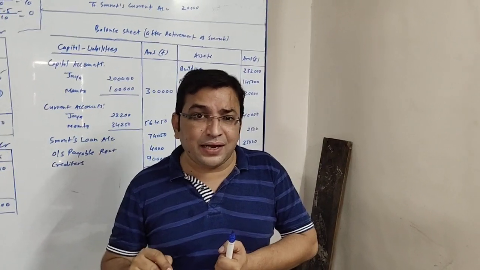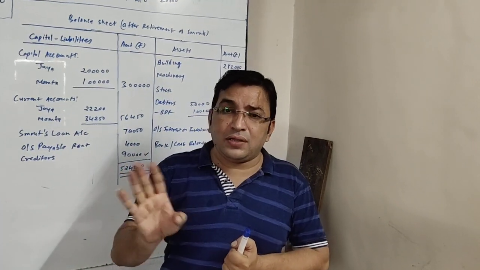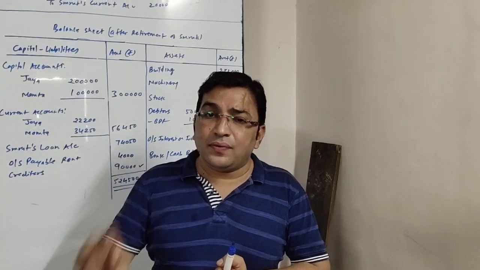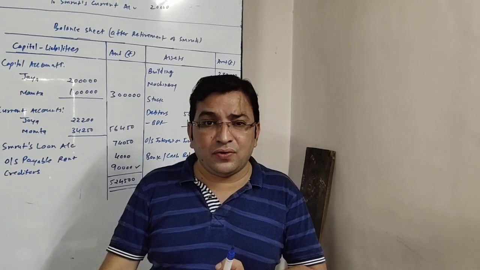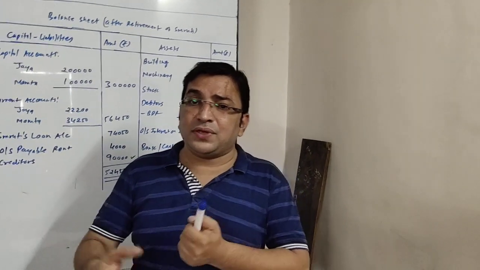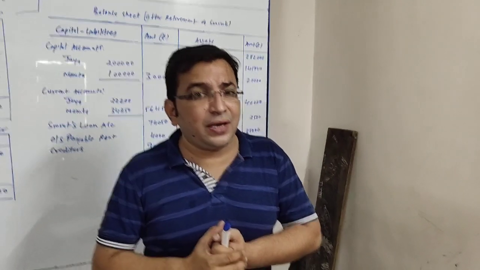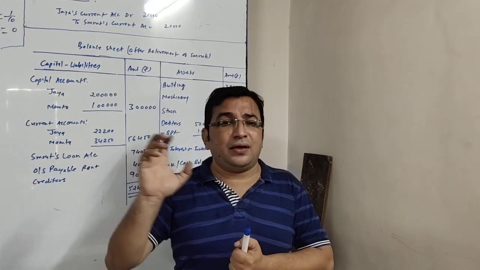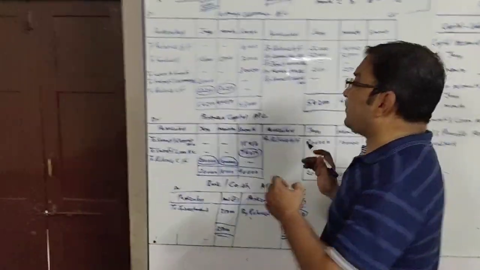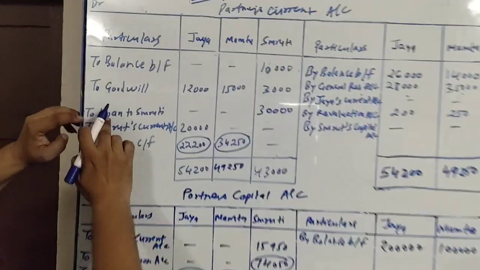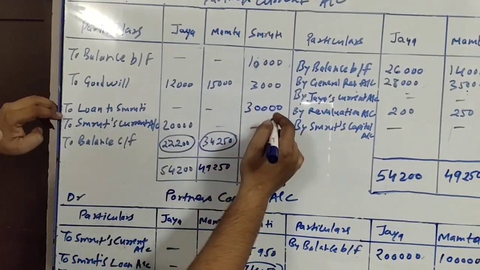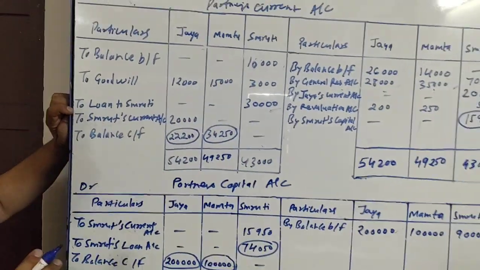But as he is retiring, we have to finish all the accounts related to her. What will happen with the loan? This is the loan given to her, that means the firm is supposed to collect that amount from her. So this amount will be debited to her current account. So here it is, in current account, to loan to Smruti, in Smruti's column 30,000.